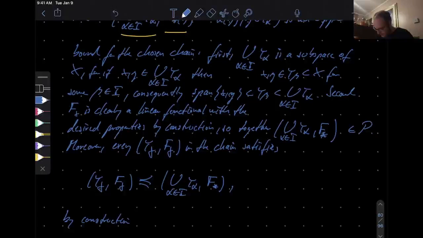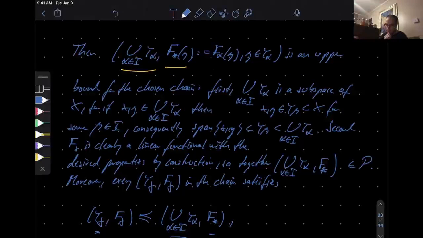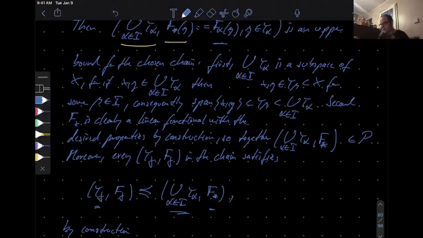And this is true again by construction. Right, because certainly this arbitrary y gamma is a subset of the union of all the y alphas, and if you take the big guy and you restrict it to the small one, y gamma, then by definition it precisely reproduces, as written up there, the f gamma, right? So that's clear. All right, good.